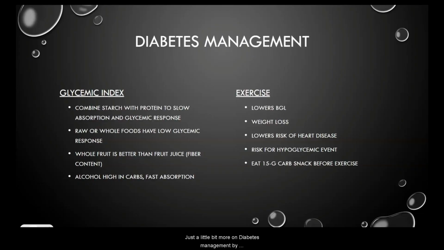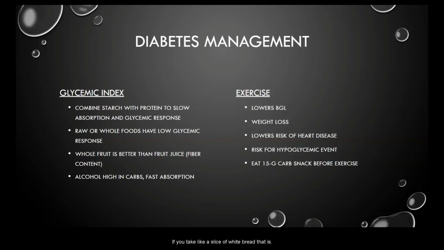Okay, a little bit more on diabetes management. Glycemic index specifically is what we're going to talk about. It's important that we understand what the glycemic index is and how it can be used in managing diabetes, specifically the diet portion. So the glycemic index is a measure that ranks carbohydrate-containing foods based on how they impact blood sugar levels compared to a reference food.